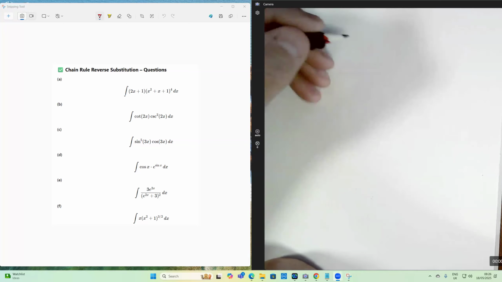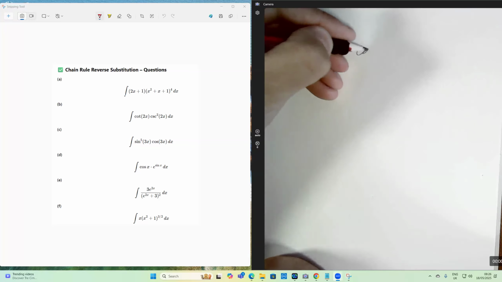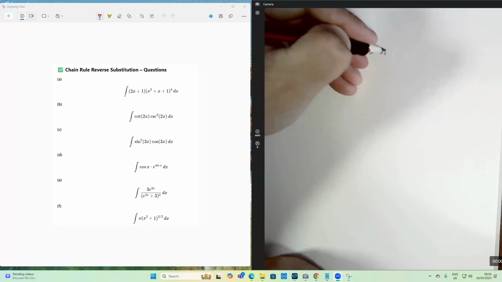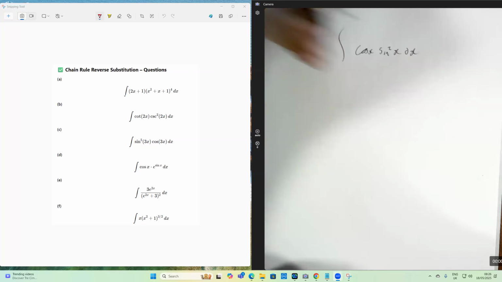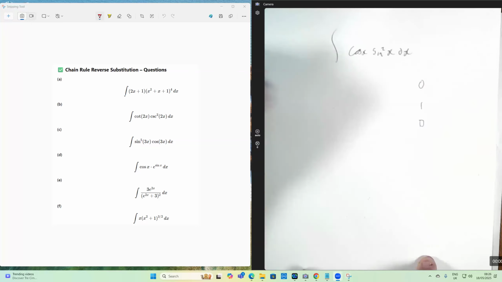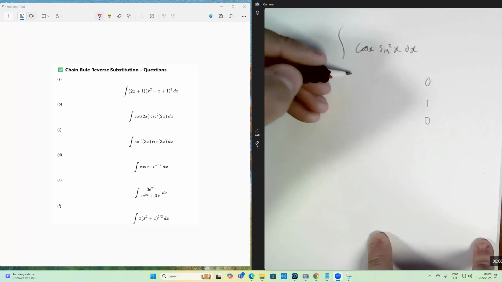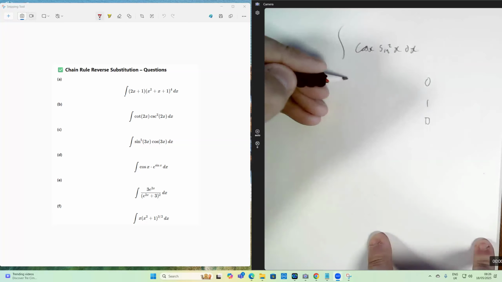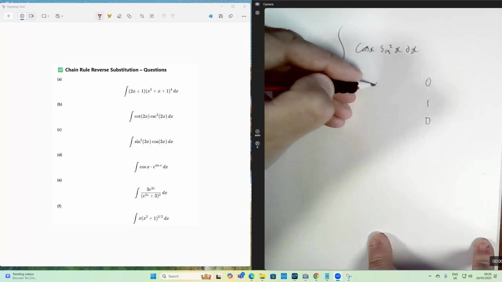Let's have a look at a nice straightforward example, cos x sin² x, and we're integrating that with respect to x. It takes a little while to get used to this, but I like to start by identifying which bit I would consider to be the outer function, which the inner, and which the derivative.